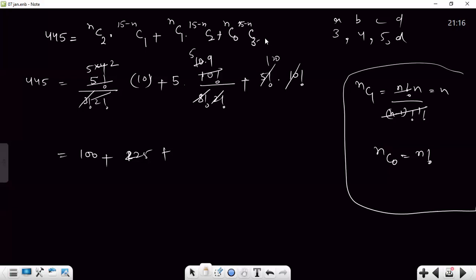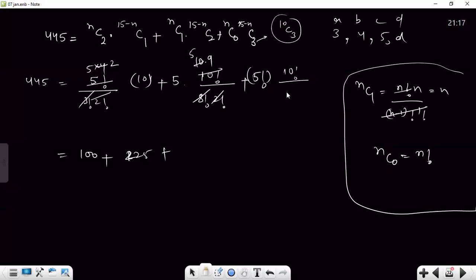Oh, there is a 3 here. That's why. Otherwise, this would have been a very big term. Basically, 5C0 is 1, and this has become 10C3.